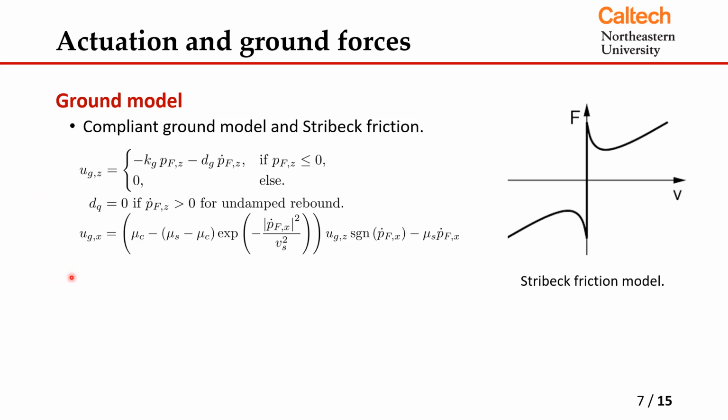As a function of the normal force, we can get the friction, which in the Stribeck friction model is a function of velocity. This part belongs to the static region, then this is the Coulomb friction, and then this is the viscous friction, and it's encompassed in this one single equation as a function of leg end speed.